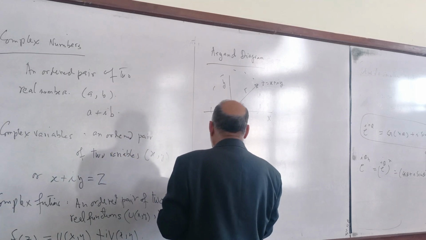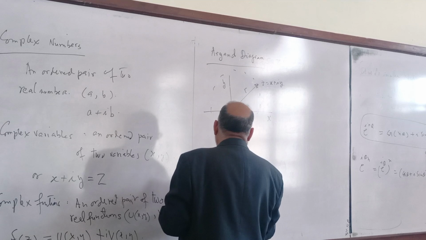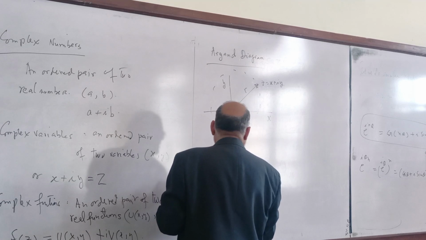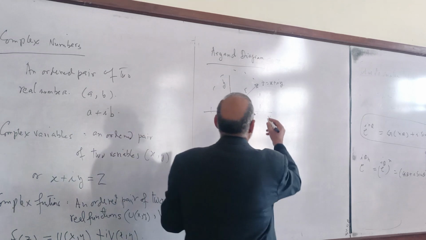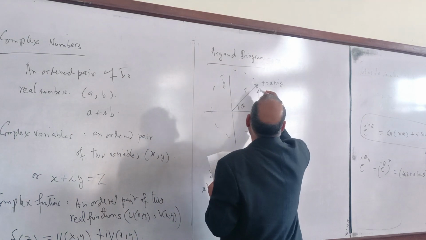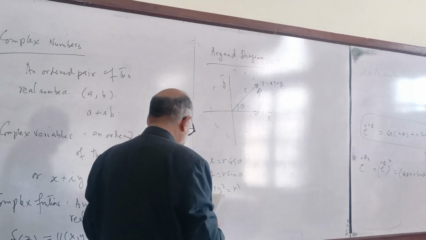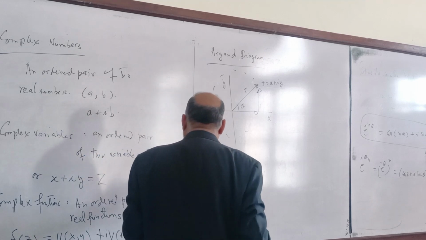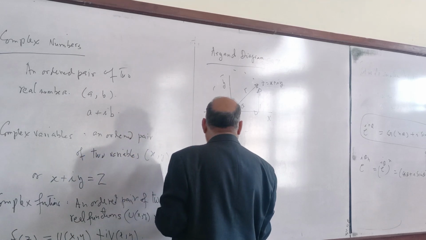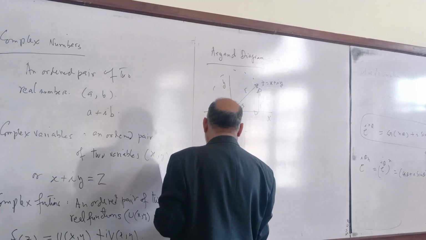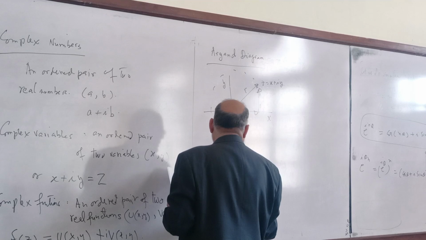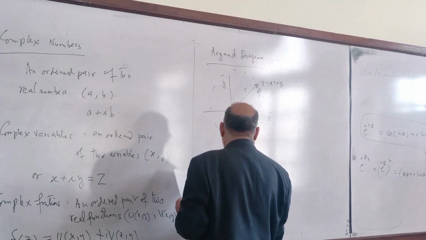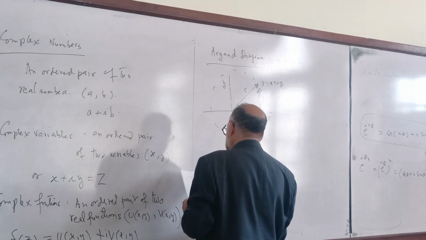We also say that x square plus y square is equal to r square, by the Pythagorean theorem. This r is called the magnitude of the complex variable.